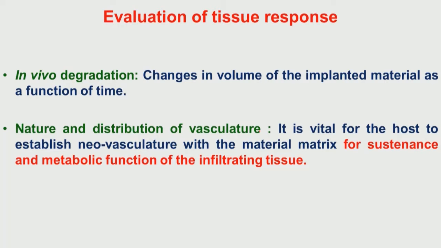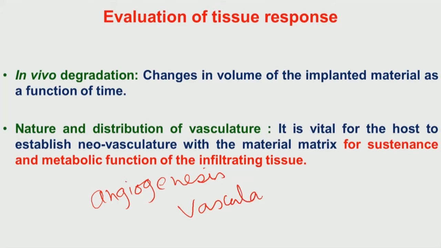The second one is the nature and distribution of vasculature, and here I would like to recall the two concepts that I mentioned in the last module. One is angiogenesis, and the second one is vascularization. These two concepts were defined in the last module.